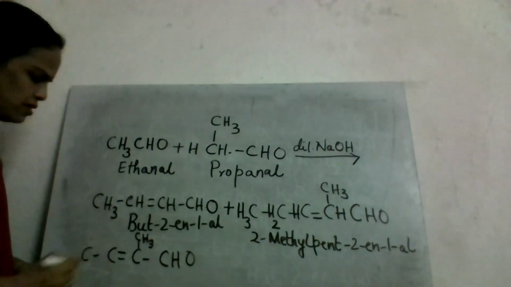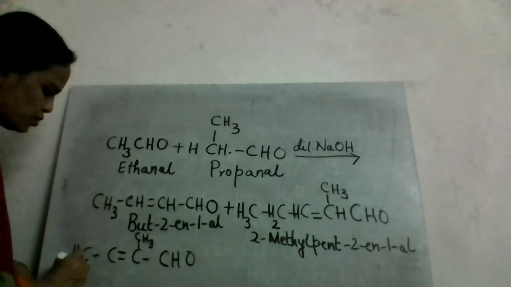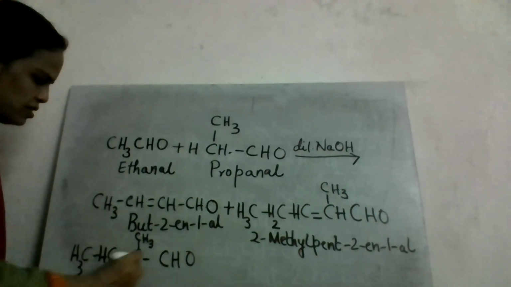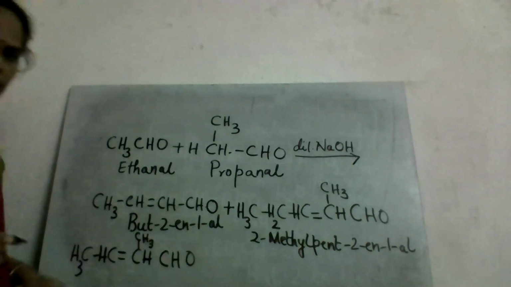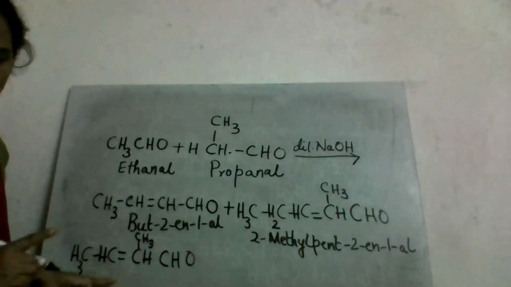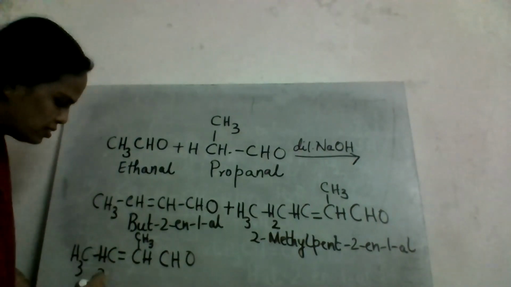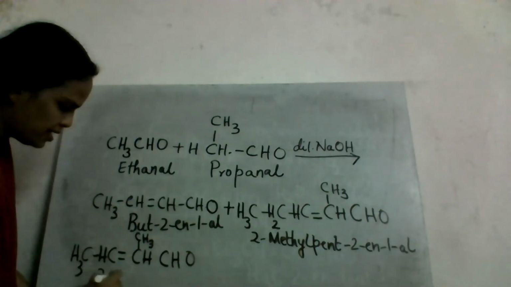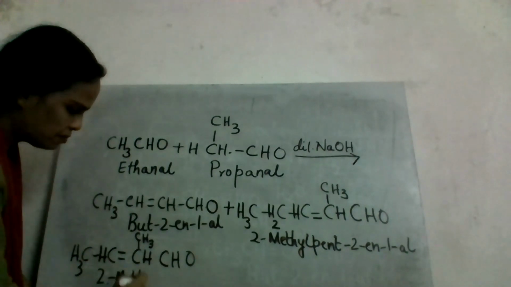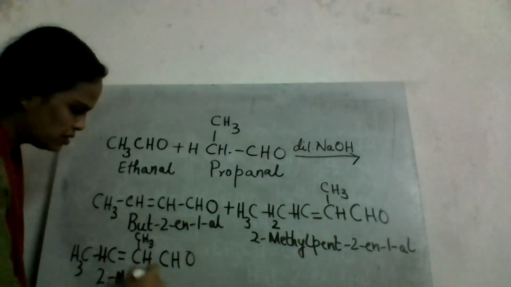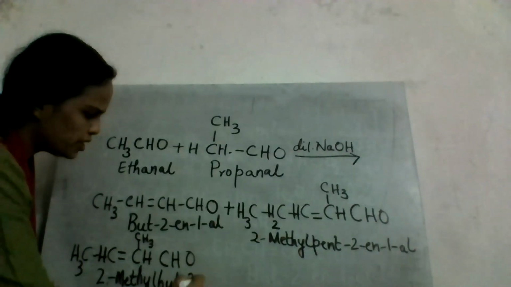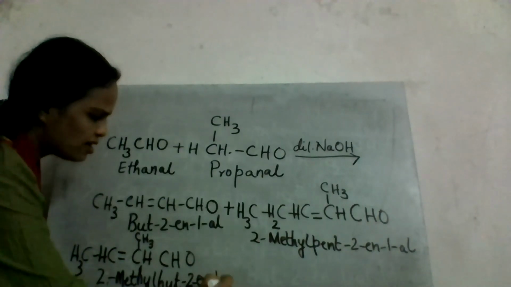Satisfy the valency using CH3, CH and CH. And the name of this compound is 2-methyl-but-2-ene-1-al.